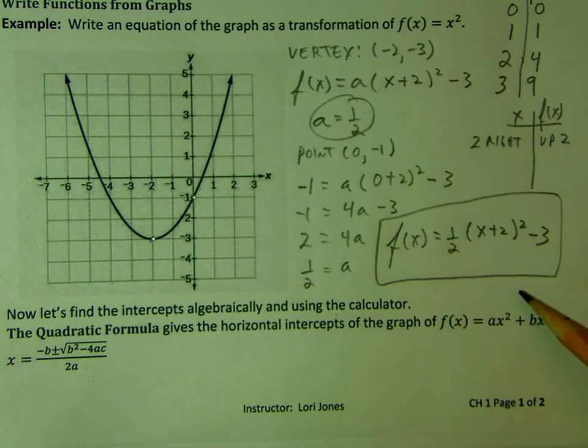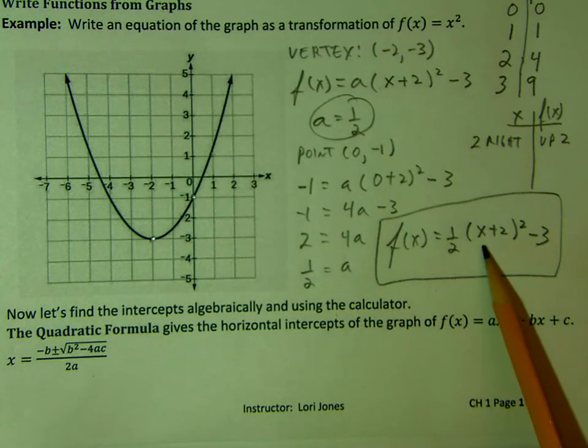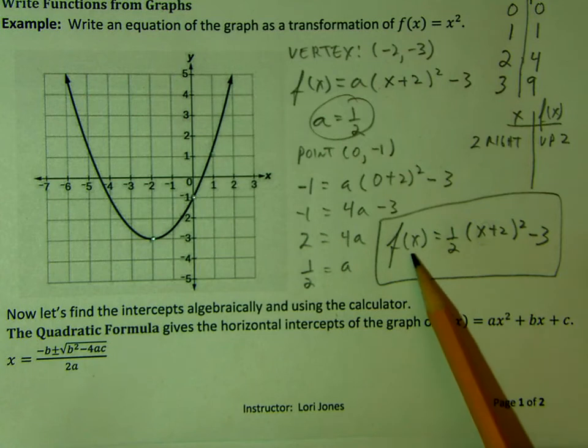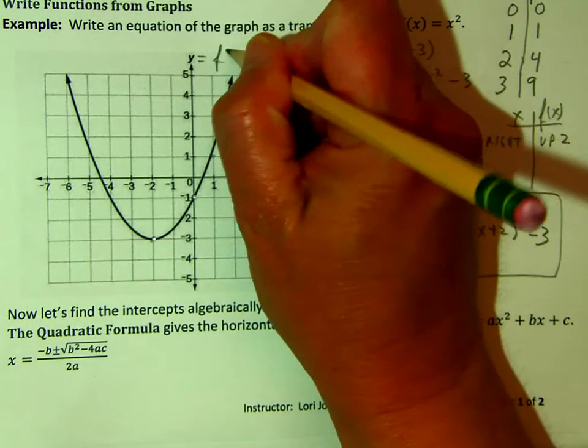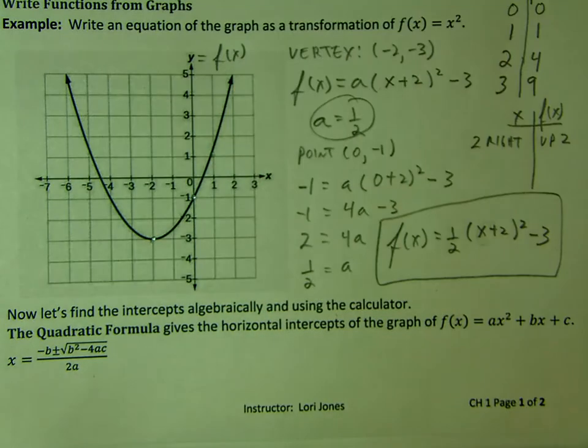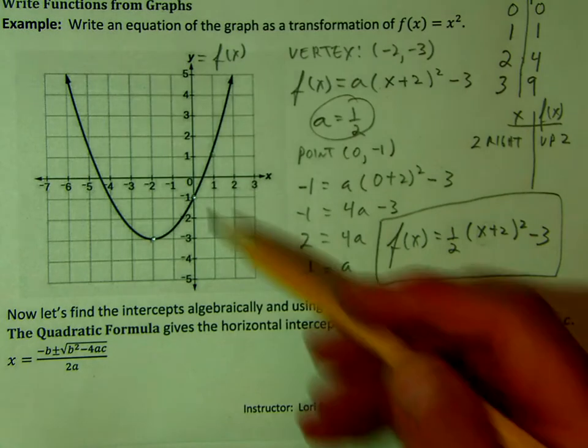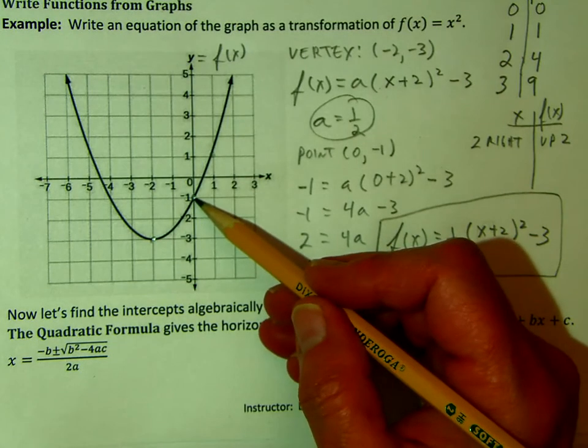So if I substitute in a value of 0 here, and I want to find the f of x coordinate for the f of x intercept, we can see at this graph that it is negative 1.